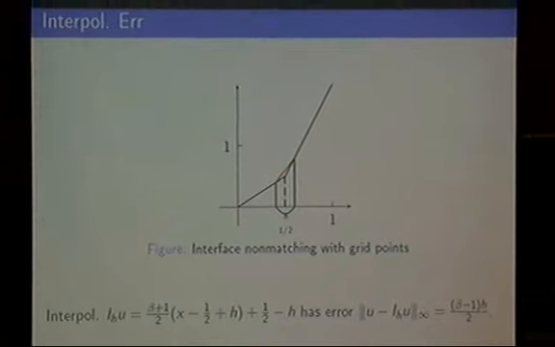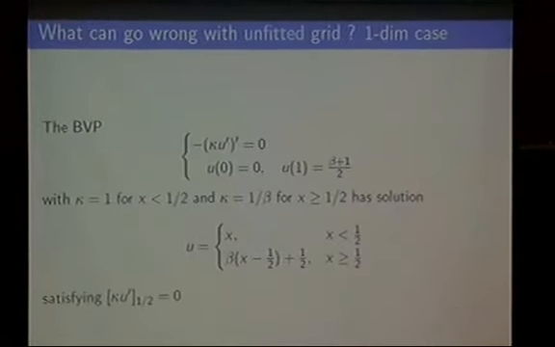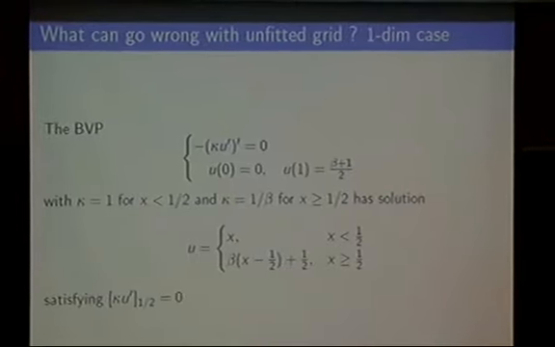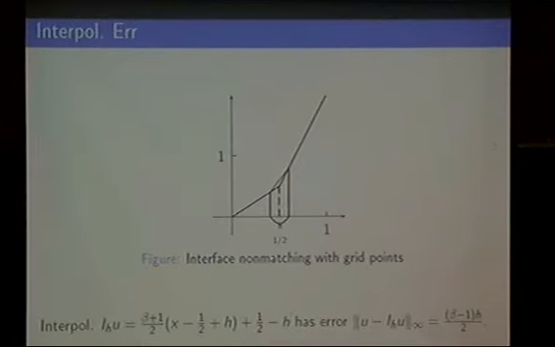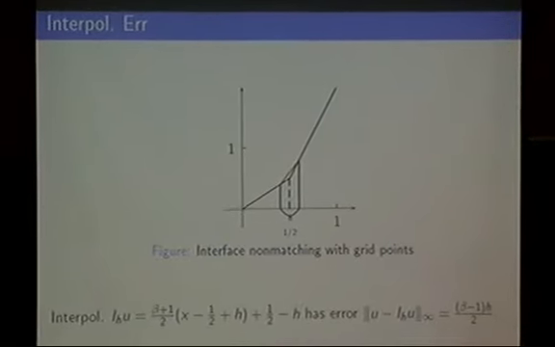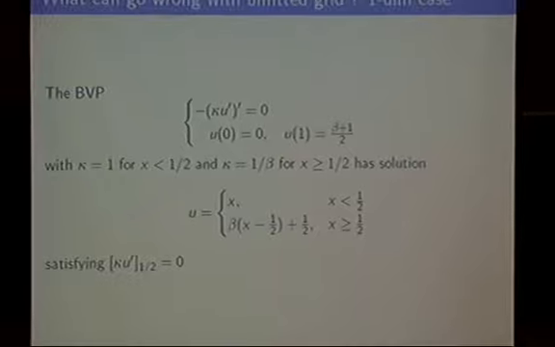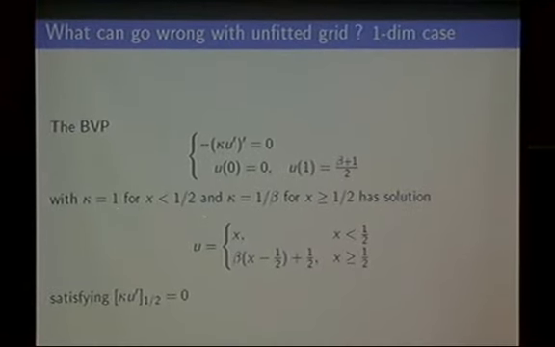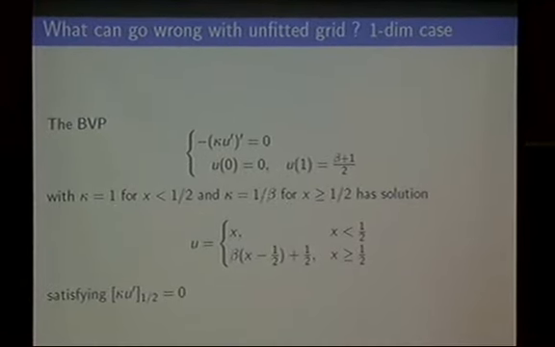So here, kappa is 1 on one side, and on the other side it is 1 over beta. If beta is very large or very small, then we have trouble.